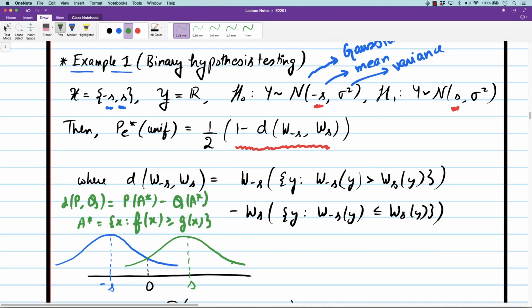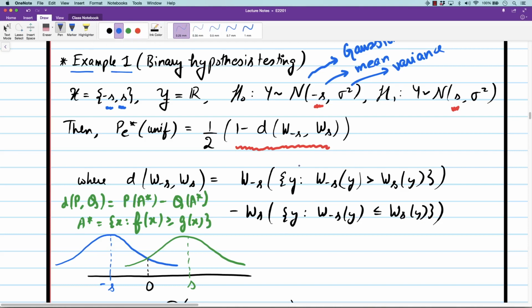This green curve represents W s, the Gaussian distribution with mean s. This blue curve represents W minus s, the Gaussian distribution with mean minus s. And the set where W minus s exceeds W s is the left side of 0. You can see that in this part W minus s exceeds W s. And the other set is the right side of 0. So we can exactly identify these sets.